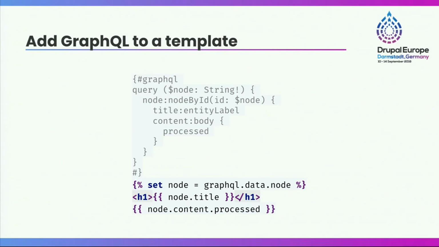Just within a Twig comment, you add this GraphQL query, and this will result in a new template variable called graphql that will return, on the one hand, the returned data set, and also a potential array of errors. But in this case, important is that we get the node data field that we defined in our query, and then we can just use this node variable and output and use it in our Twig template the way we want.